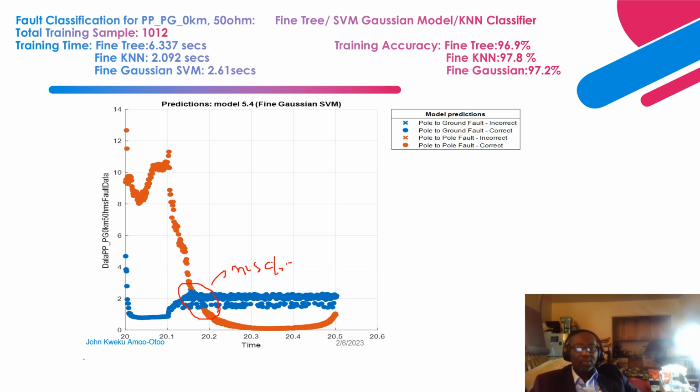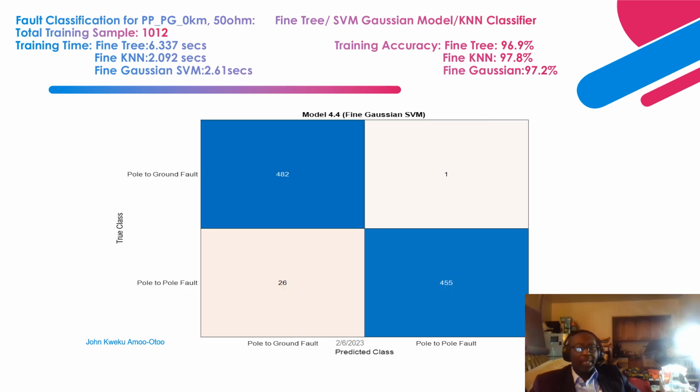That is why you see the drop in percentage from 100% to these values, but extremely, very high accuracy, 96.9% overall. This shows you your training sample, your fault classification and the algorithms that are being used.